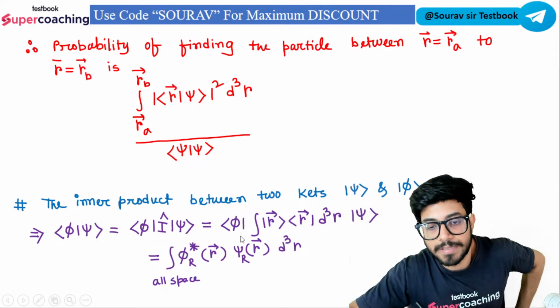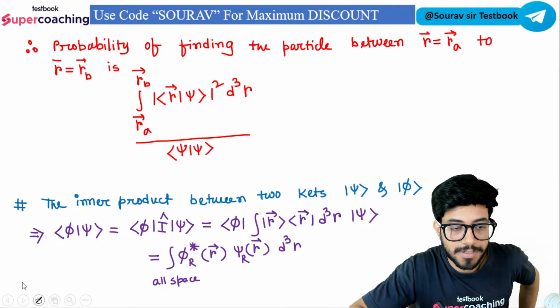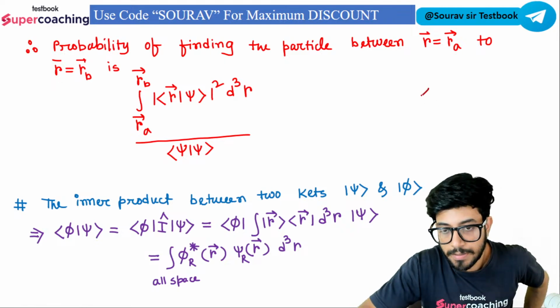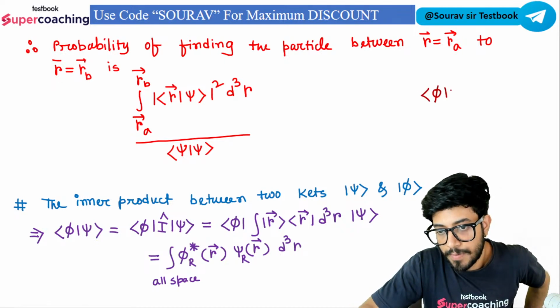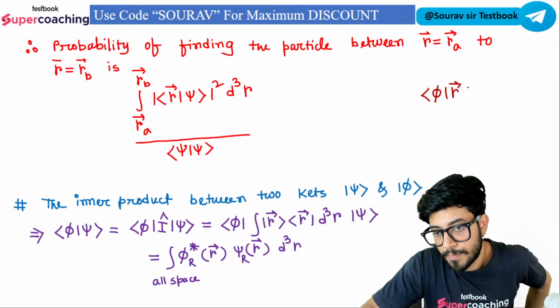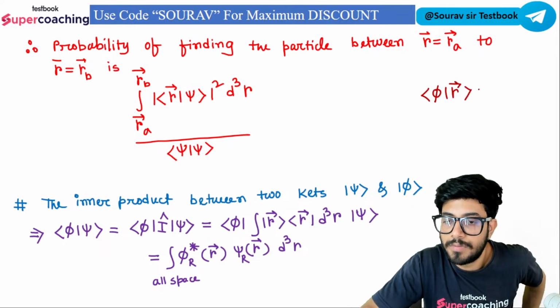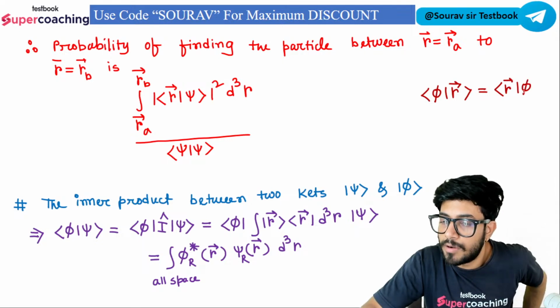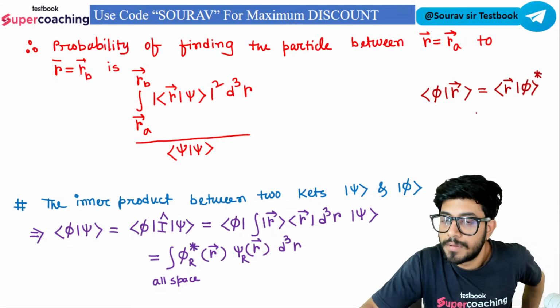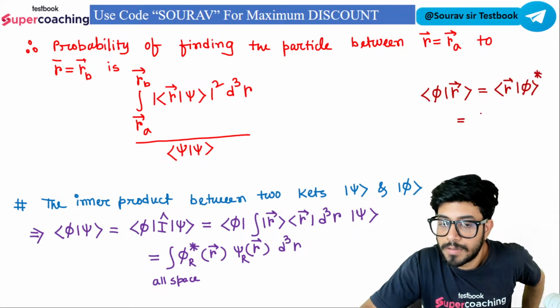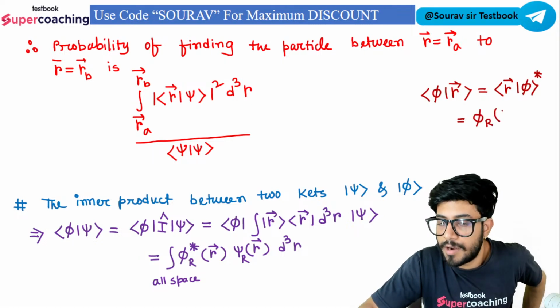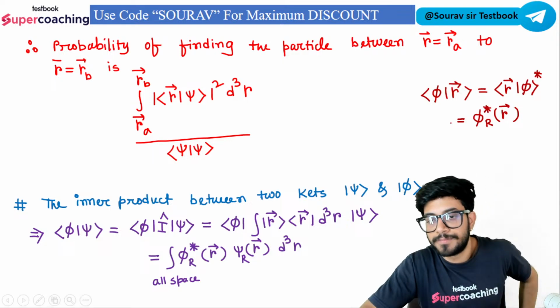This integration is over all space, and I must mention that phi r vector is actually equal to r vector phi complex conjugate, that is, phi of r vector complex conjugate.